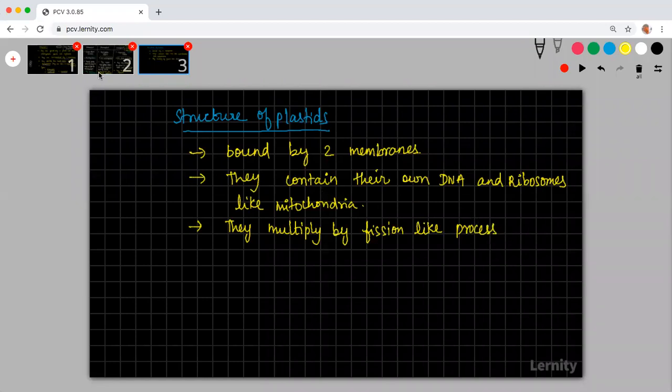Which means new plastids will come from older plastids by fission. There is a theory which tells that plastids and mitochondria were existing as independent organisms, but later they were engulfed by the prokaryotes in an evolutionary point of time to become eukaryotes.